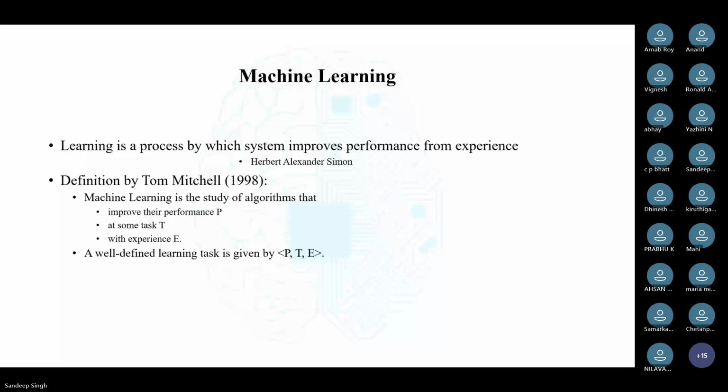Another definition by another author is that machine learning is the study of algorithms which improve performance P at some task T with experience E. So it is a well-defined task using three different variables.